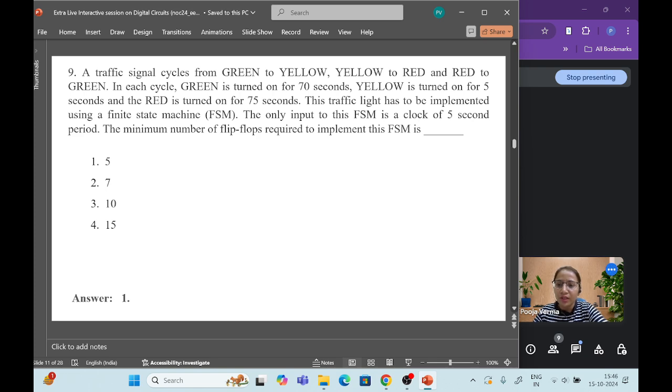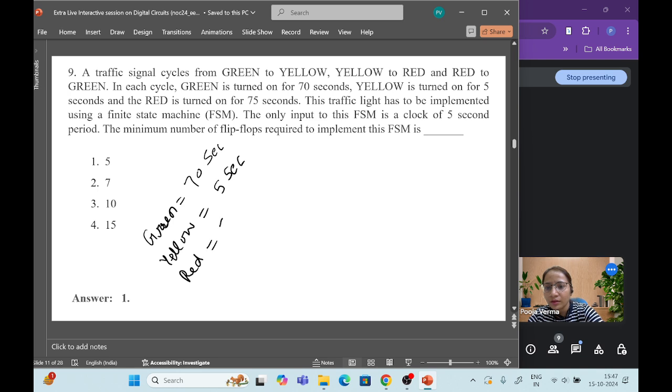In each cycle, green is turned on for 70 seconds, yellow for 5 seconds, and red is 75 seconds.